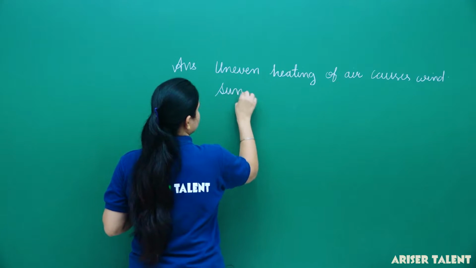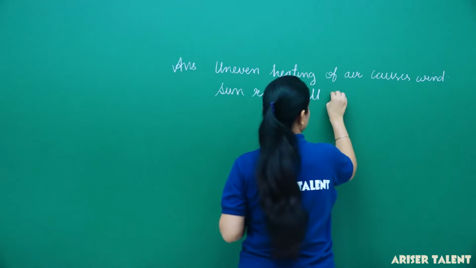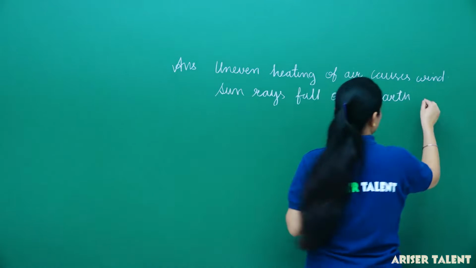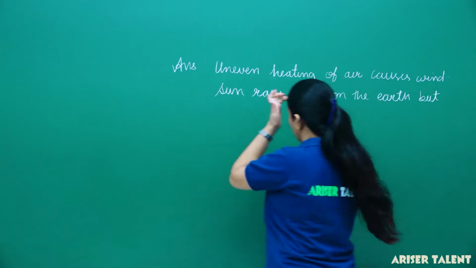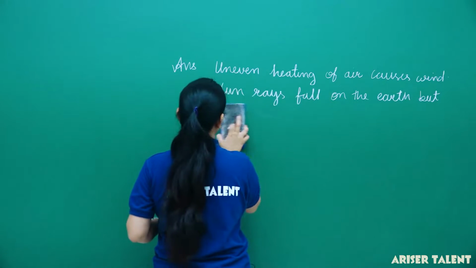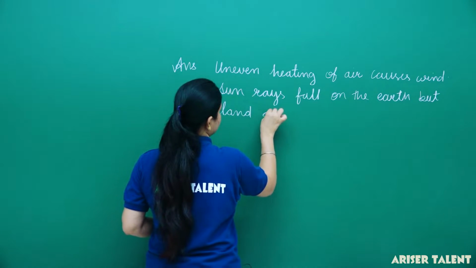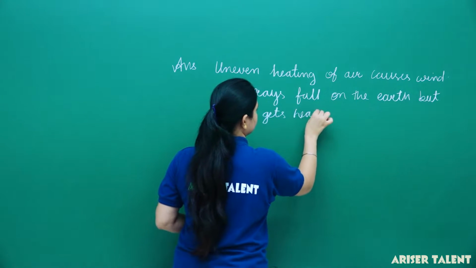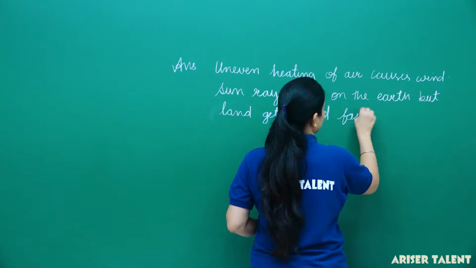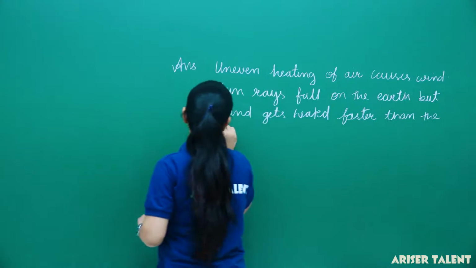Sun rays fall on the earth, but land gets heated faster than the water bodies.